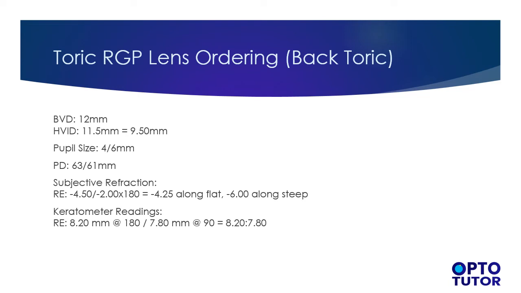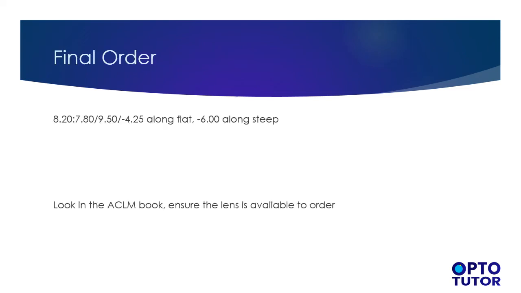We're going to specify minus 4.25 along flat and minus 6 along the steep. The two keratometry readings, or the two BOZRs that we're going to give as a result, is 8.2 ... 7.8. So the actual order that you're going to give is 8.2 ... 7.8 / total diameter, which is 9.5, and then minus 4.25 along flat, and then minus 6 along the steep.